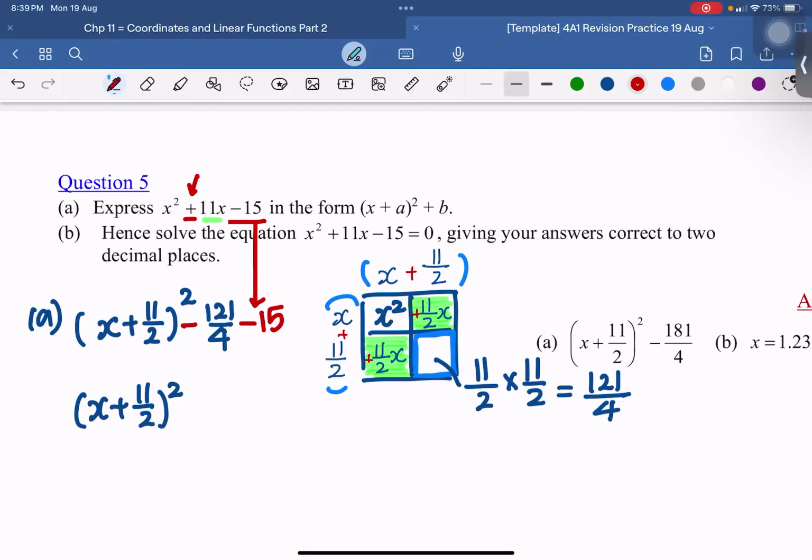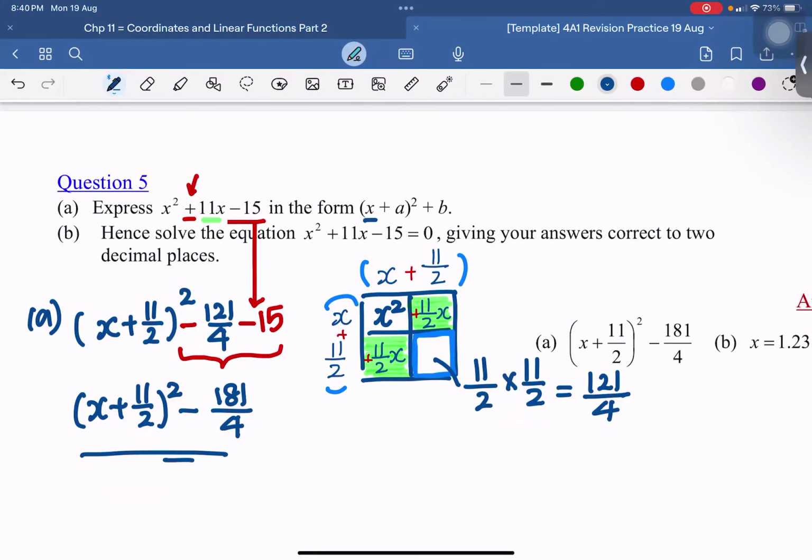Remember to include your negative sign. Some of you like to write square, right? You put the minus sign outside the square. So it's negative 121 over 4 minus 15. Then that will give me negative 181 over 4. Okay, so this is the answer for part A.